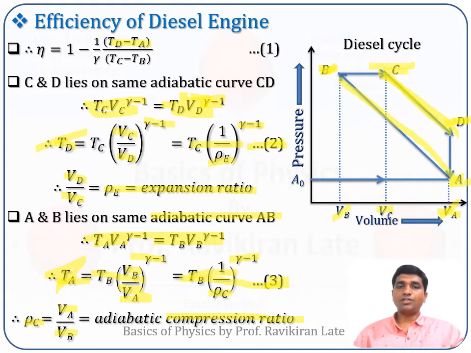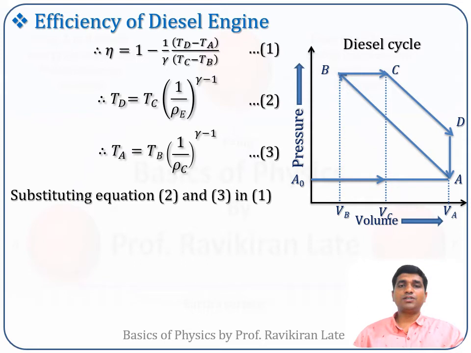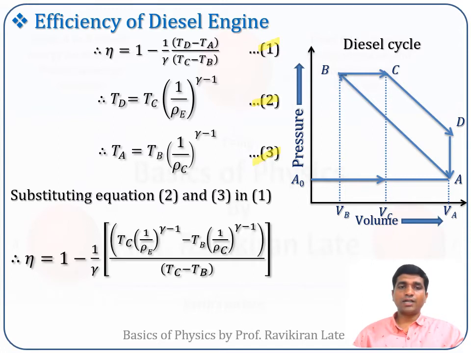Now we have equation number 2 and equation number 3 along with equation number 1. Now we will substitute the values from equation 2 and equation 3 into equation number 1. So eta is equal to 1 minus 1 upon gamma as it is.